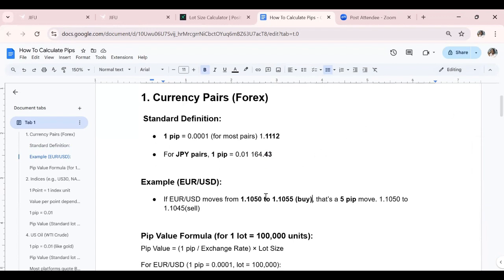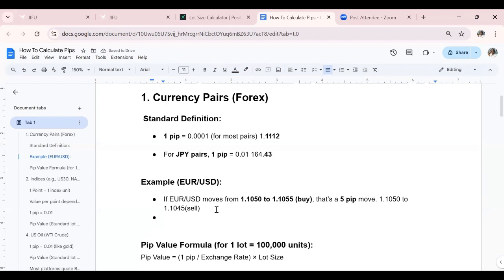So if you are in a trade and they say, okay, look, your stop loss is at 20 pips, let me put a stop loss of 20 pips for Euro USD. It's at 1.1050, plus or minus 20 pips.